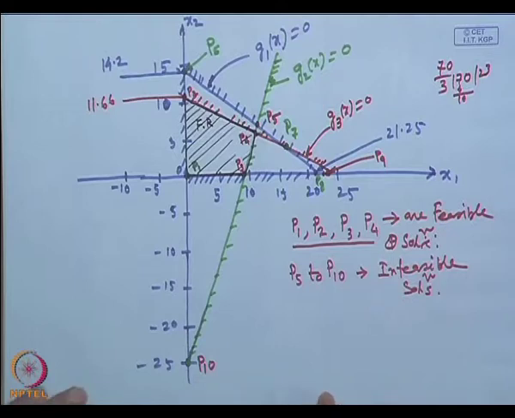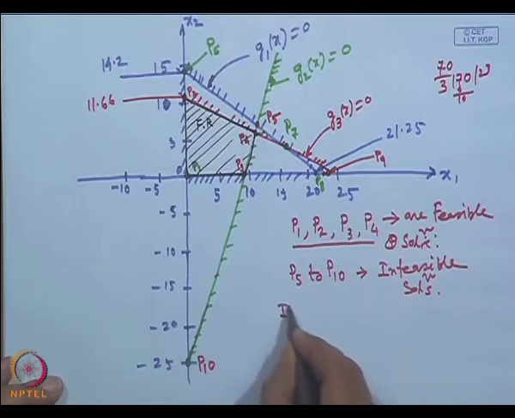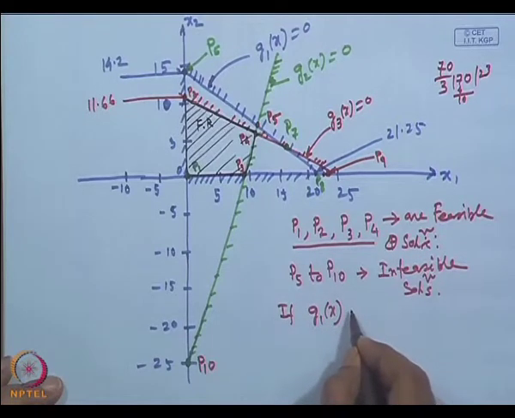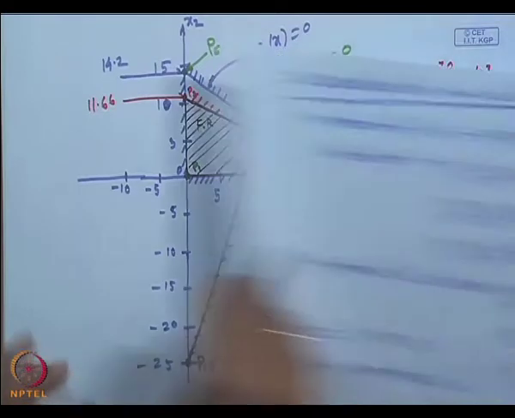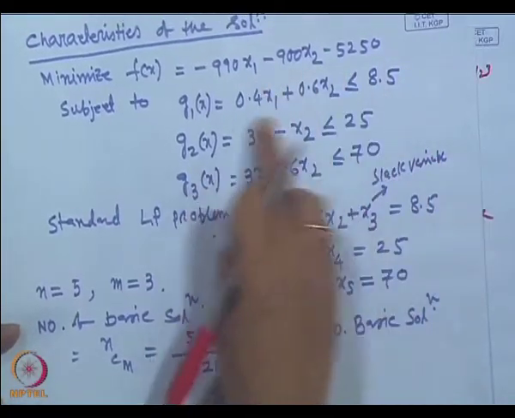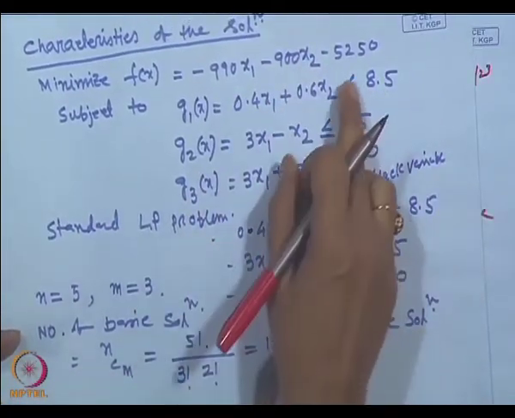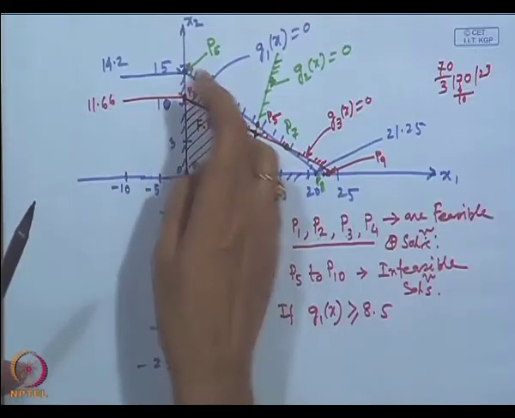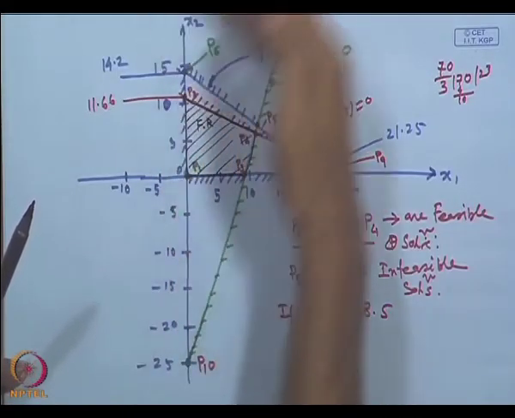Now, see, if you change some of the constraints, let us call it, if I just put G 1 of x is greater than or equal to 8.5, that is the same thing, we have only changed the inequality constraint from less than or equal to greater than or equal to, then our region for G 1 will be above this one.